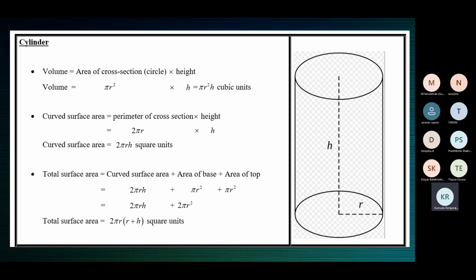Please look into your book. Okay, looks like you're not sure. All right. So anyway, it's okay if it's a repetition.